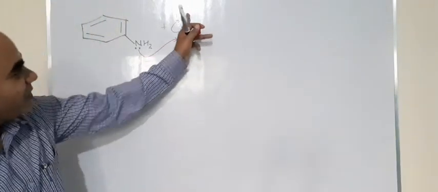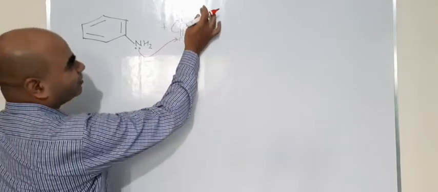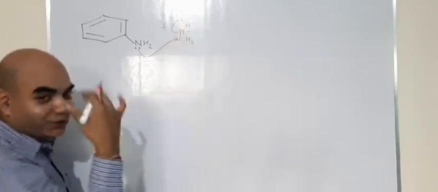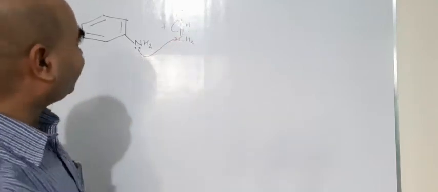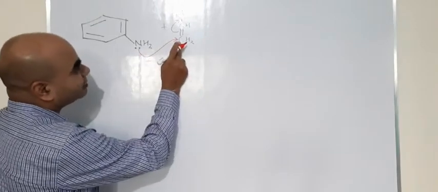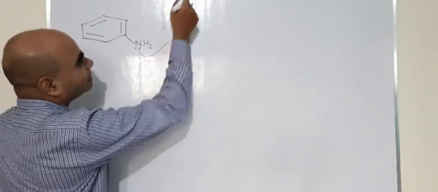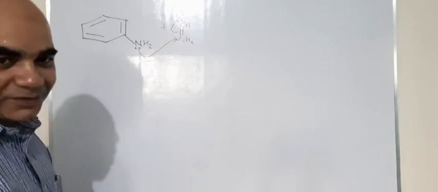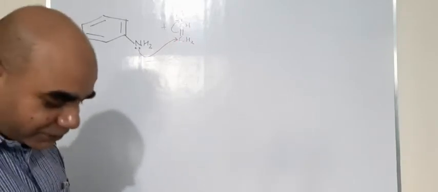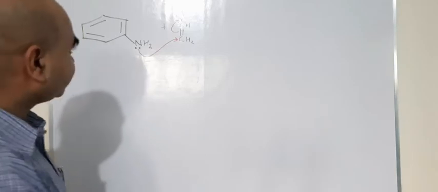This is the mechanism of conjugate addition. Once the carbonyl is in conjugation with the double bond, it goes not 1,2 but 1,4 addition. We have a nucleophile adding, the double bond is moving, and the carbonyl is moving. This is an example of 1,4 addition or 1,4 conjugate addition.